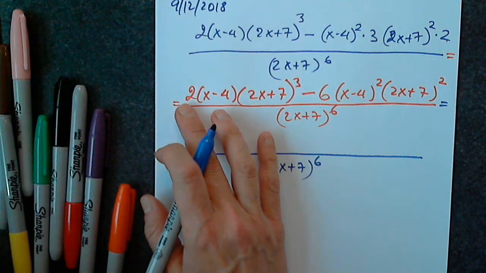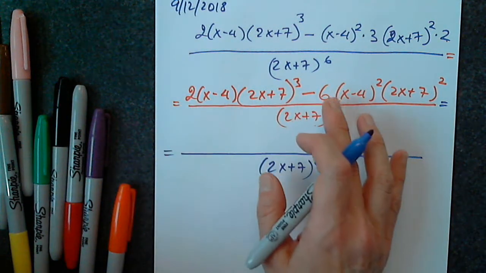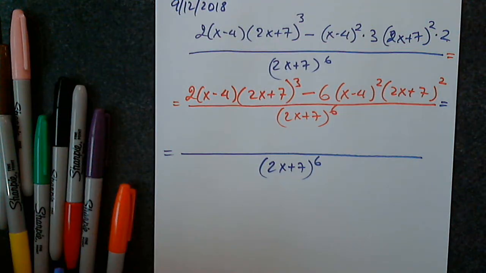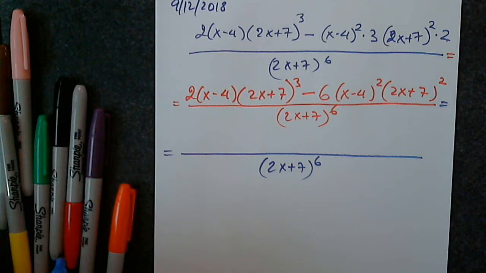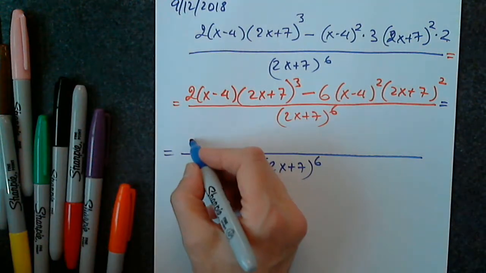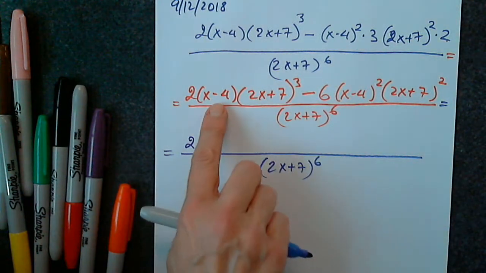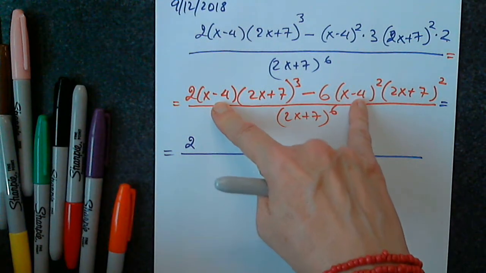So first of all, I'm looking at numbers, 2 and 6. That's my first step. So 2 and 6, they have what in common? 2. Then I move on to x minus 4 and x minus 4.